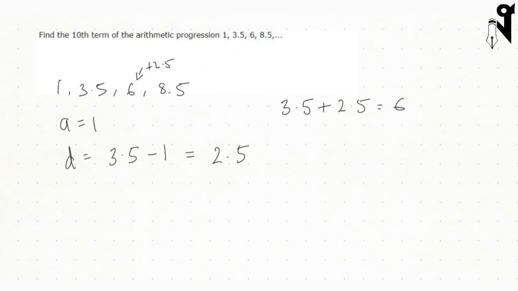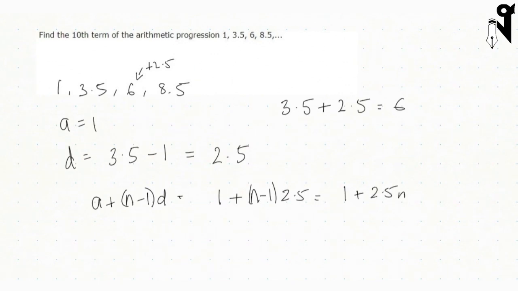Let me write down the general term first, that is A plus (n minus 1)D, which is 1, because the first term is 1, plus (n minus 1) times 2.5. Let's simplify this. This gives me 1 plus 2.5n minus 2.5, which becomes 2.5n minus 1.5.